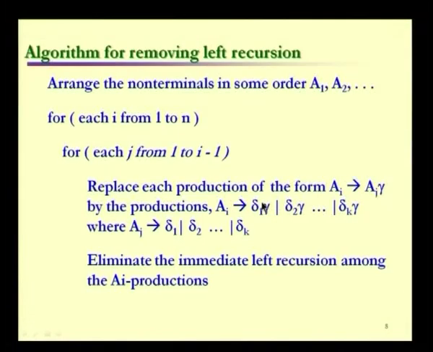If it starts with the non-terminal, once again it will be subjected to the substitution, so that at the end if you find there is left recursion in immediate form, we will go for eliminating them with the help of the previous transformation. So, that is eliminating the immediate left recursions among all the A I productions. Do this as long as substitution as well as expansion or rewriting are possible.